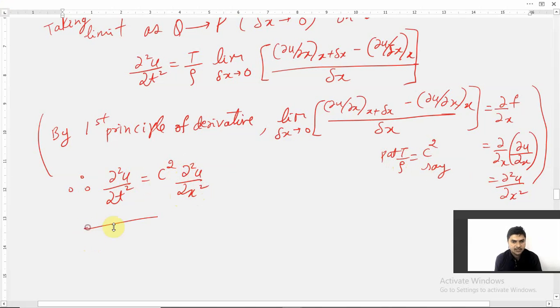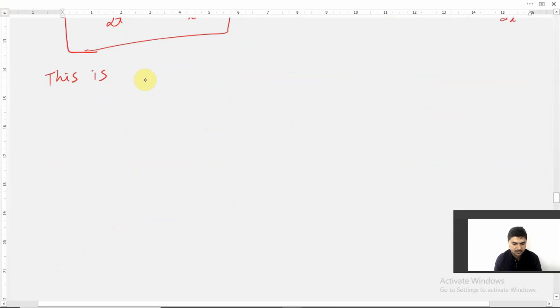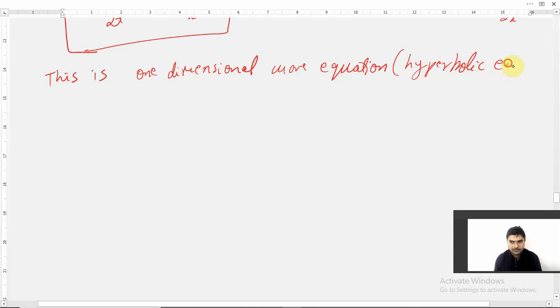Therefore, this is our one dimensional wave equation. Is it clear, students? And this is also known as a hyperbolic equation. If you compare the equation, it is a hyperbolic equation. This is how we have to derive the one dimensional wave equation.